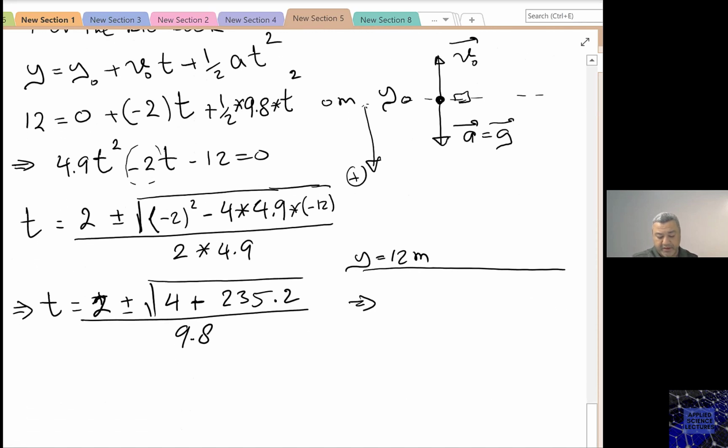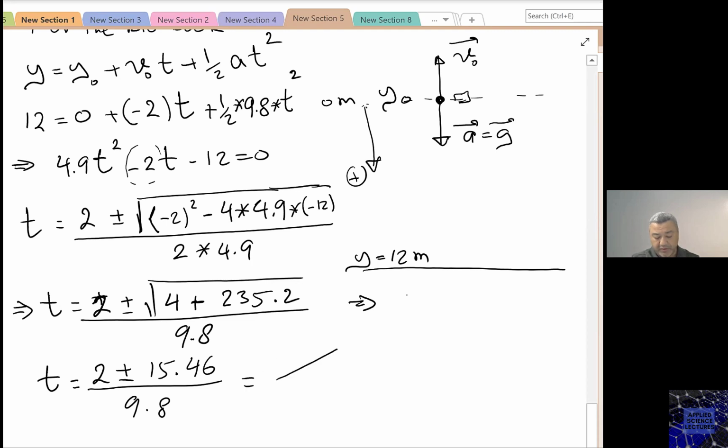And in this case, I have t equals 2 plus minus the square root of 239.2, which is 15.46, divided by 9.8.